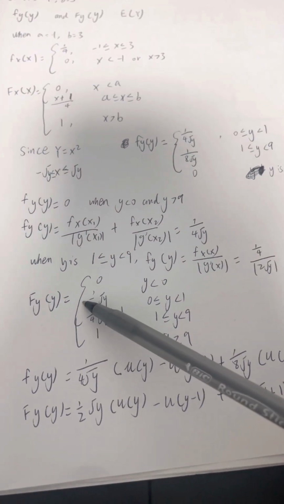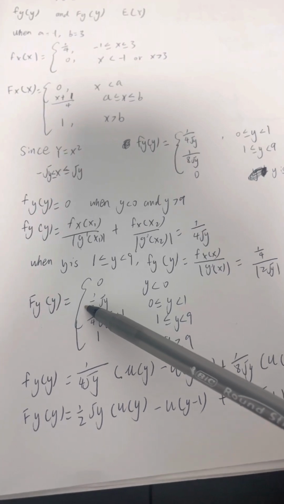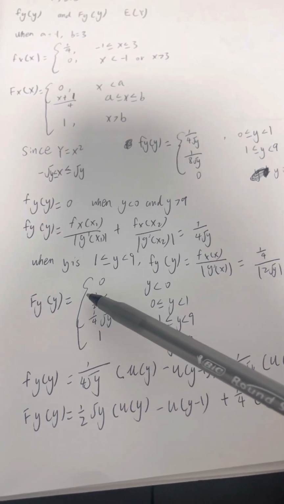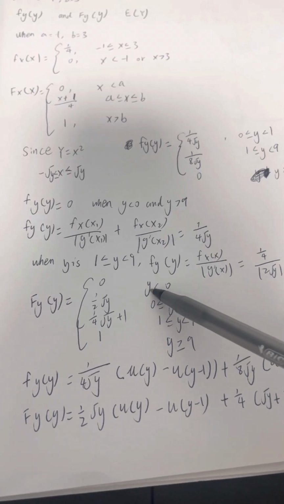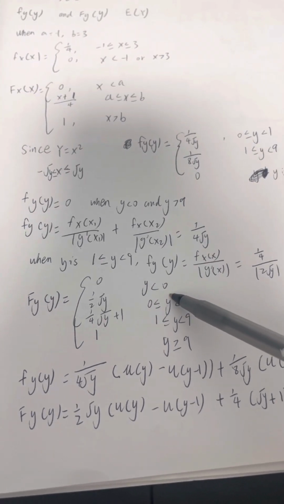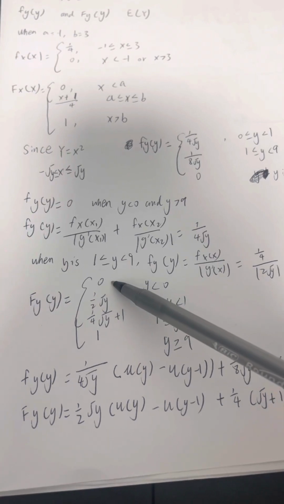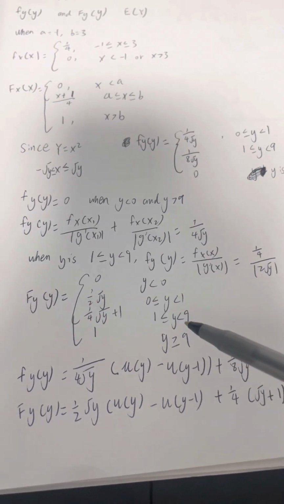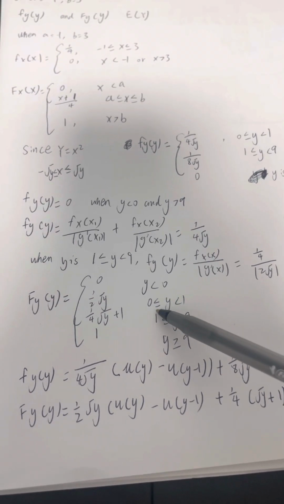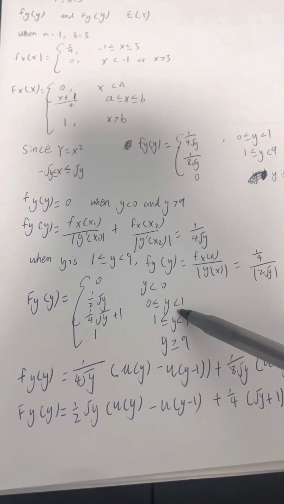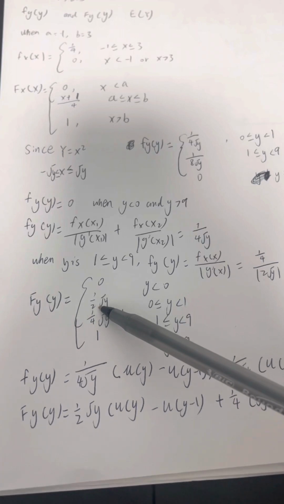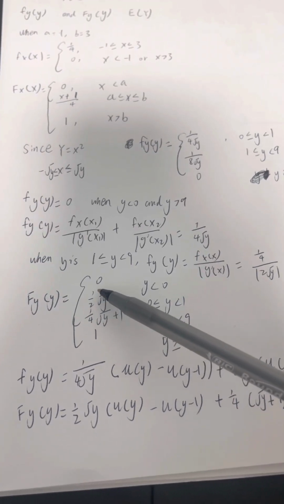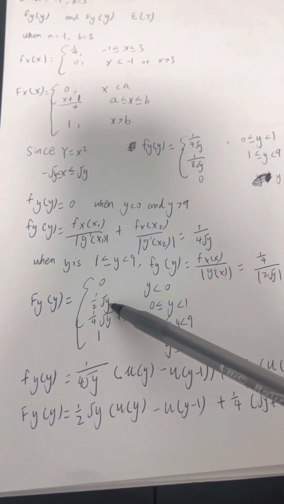And for F_Y(y), when you plug in the numbers, you get when y is smaller than 0, F_Y(y) is equal to 0, and when y is greater than or equal to 0 and smaller than 1, you get F_Y(y) is equal to 1/2 square root of y.